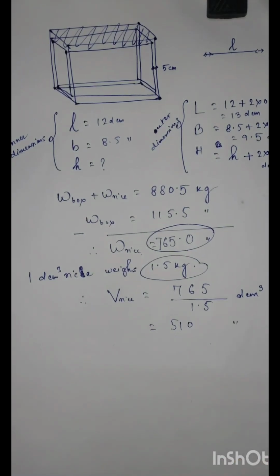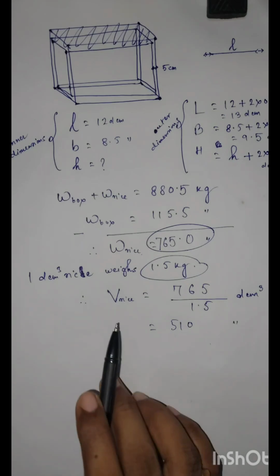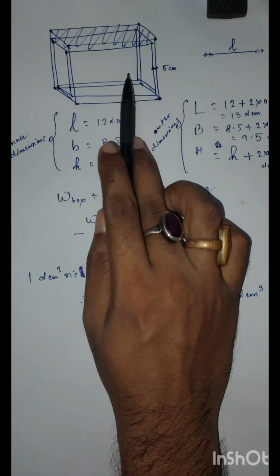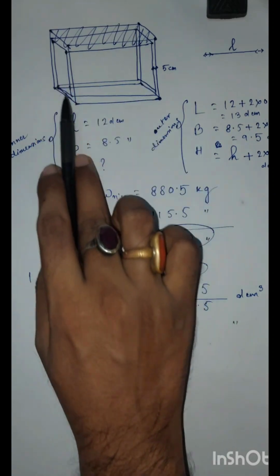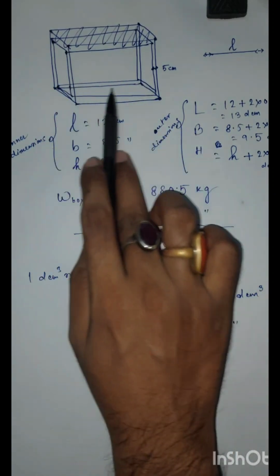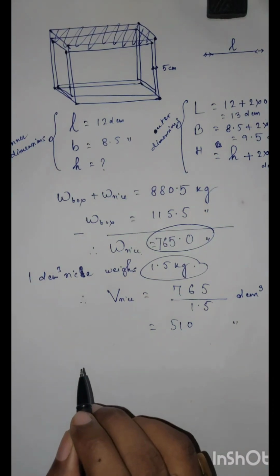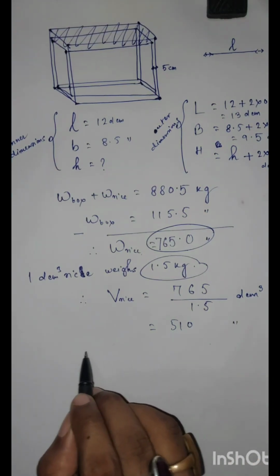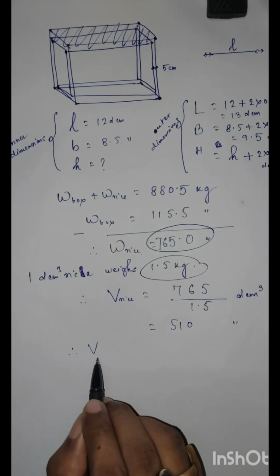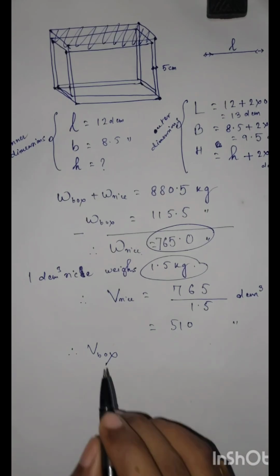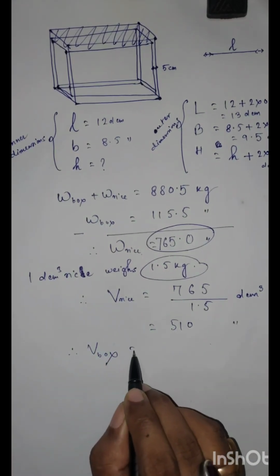So the volume of rice is placed inside this box. So this is the inner volume, the volume of this container. Therefore, we can say this is the volume of the box.